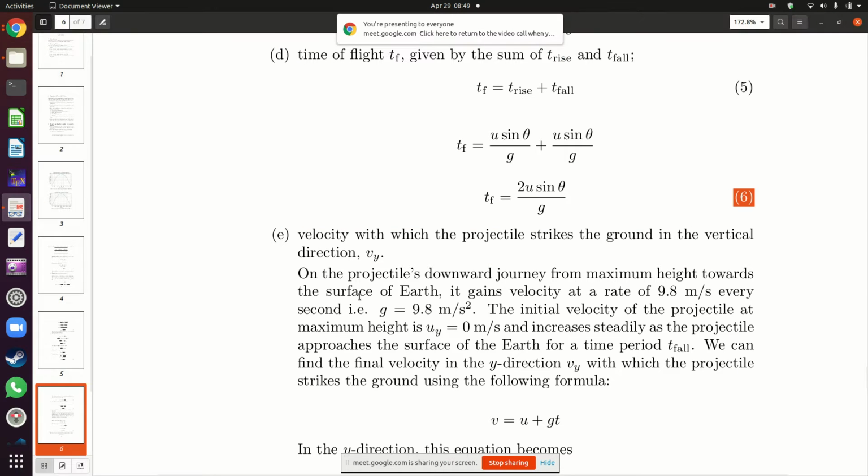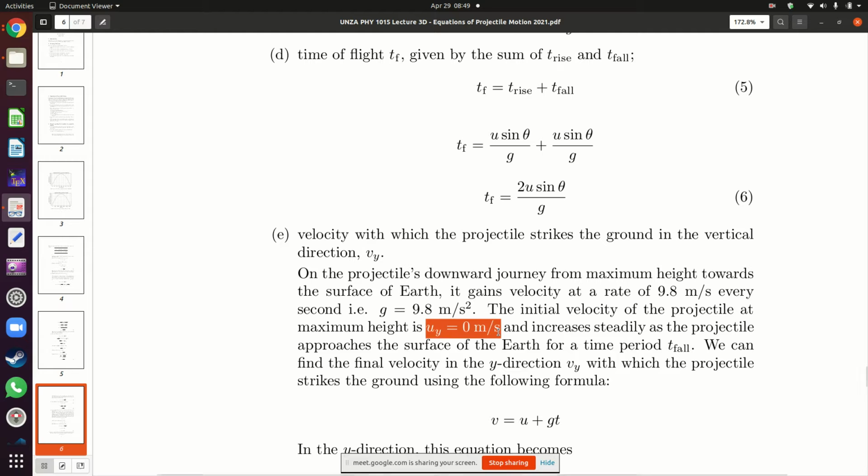Next, the thing we want to find out is the velocity with which the projectile is going to strike the ground in the vertical direction. Now, in the vertical direction, as the projectile strikes the ground, it is coming from maximum height. At maximum height, the initial velocity was 0 meters per second.